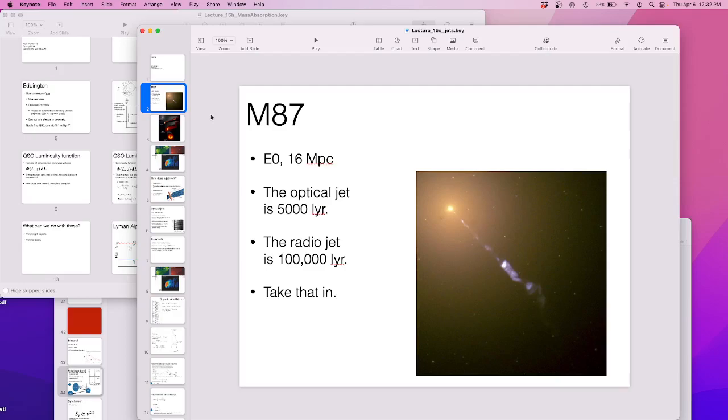And there's a radio jet that is 20 times longer than that. It's 100,000 light years. So that means that this thing has been squirting out in a straight line for at least 100,000 years. Probably 4 or 5 hundred thousand because it's certainly not traveling at the speed of light. So for 500,000 years, this thing has been just shooting this stuff into outer space.